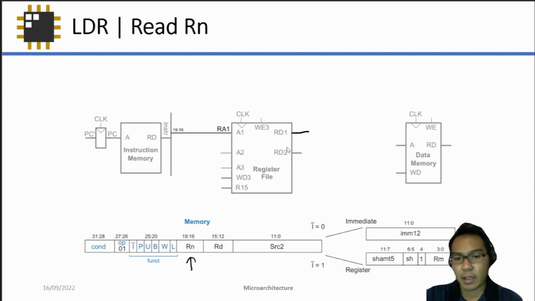A2 will also be read combinationally into RD2, but that's for later. The thing to note here is that we're reading Rn from bits 19 to 16 into RA1, which will go out into RD1.